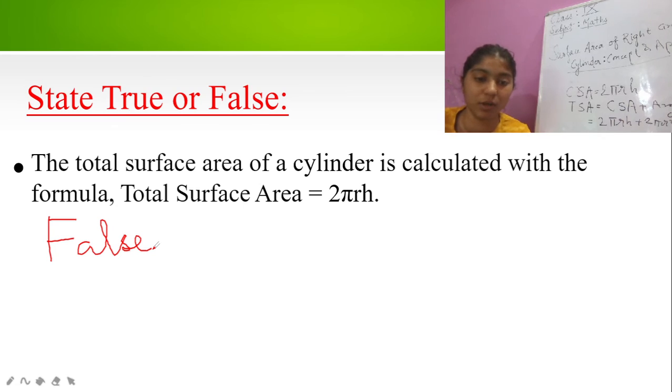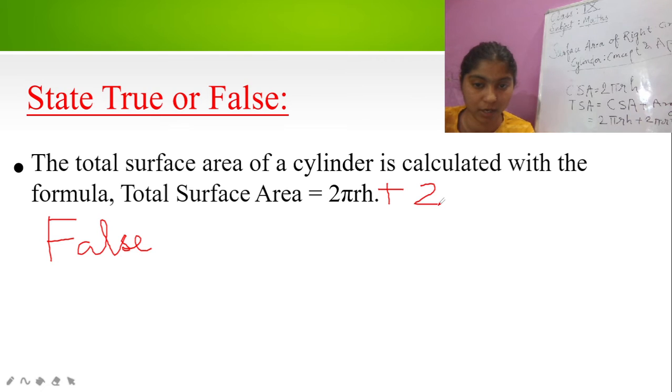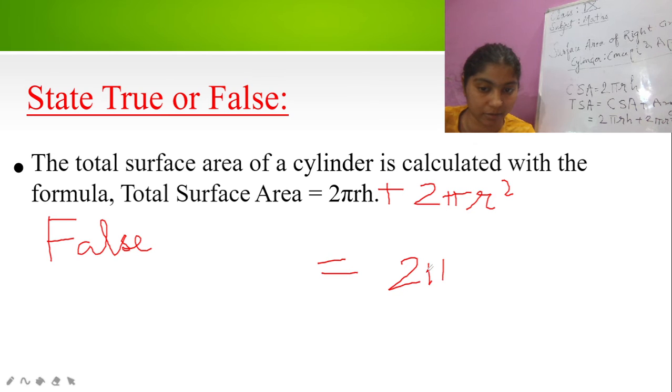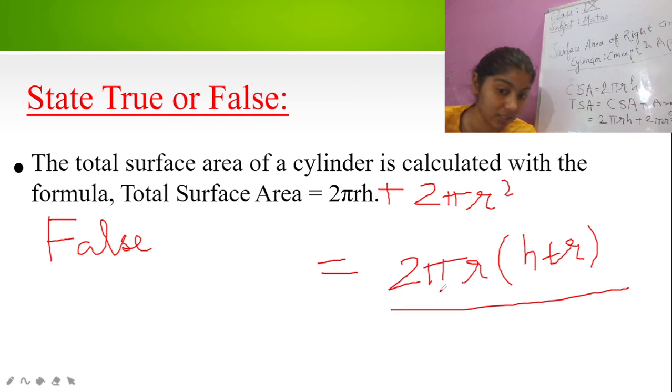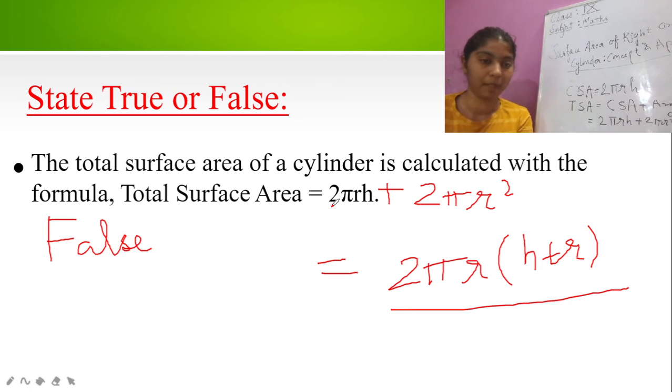So now students, what you need to add on it, that is 2 pi r h and 2 pi r square, that will come into it. Okay, so now you will add it and simplify it. So at last we get this is correct. If it is the total surface area, then it is going to be a correct statement, but now it is false. Okay, now students, let's move further.